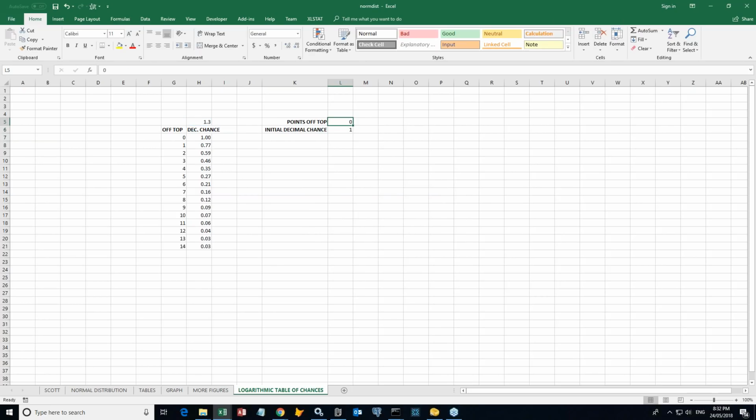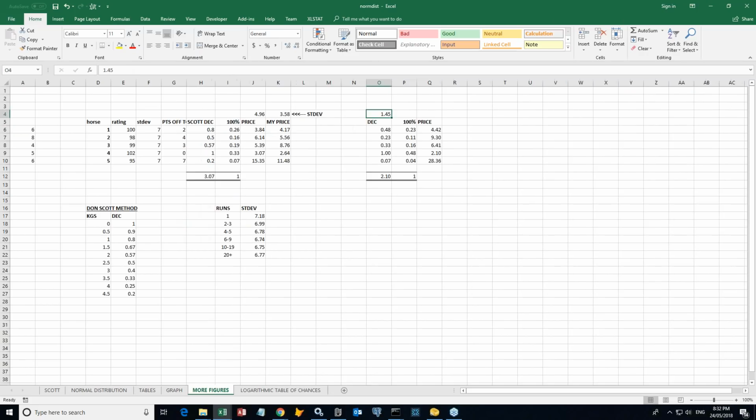So when you are nothing off top, your chance would be 1. If you're 0.25 off top, it's that, and so on and so forth. 1.3, that's the formula. And then you apply that to every horse in the race. They get a decimal chance based on that. You normalize it back to 100%, and you come up with a market. And that is, as I say, a shortcut way.